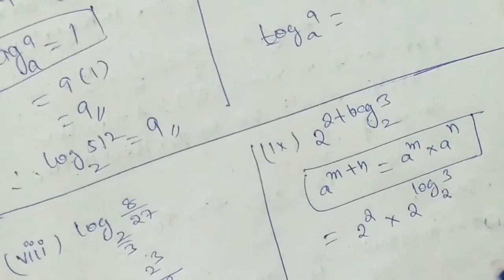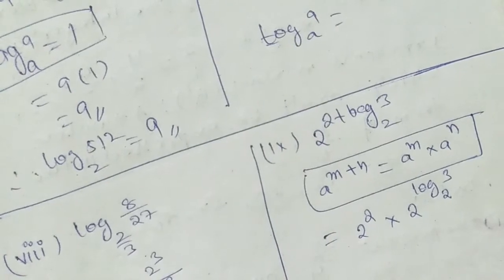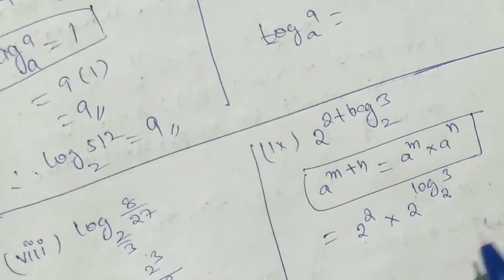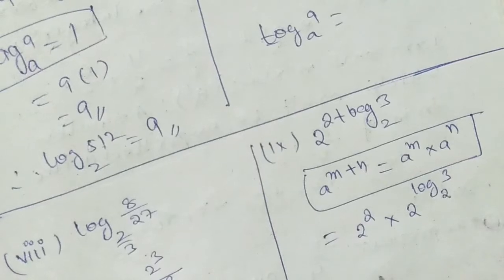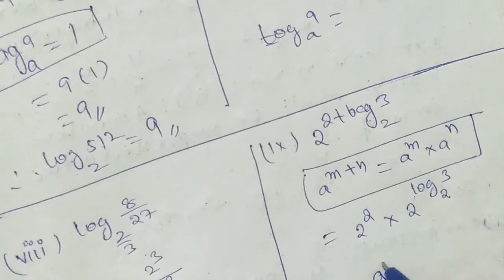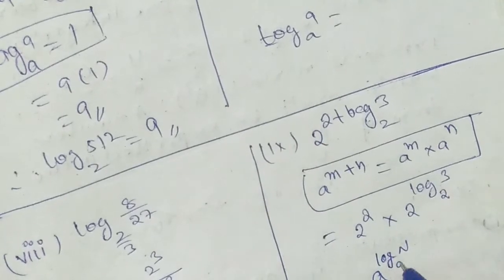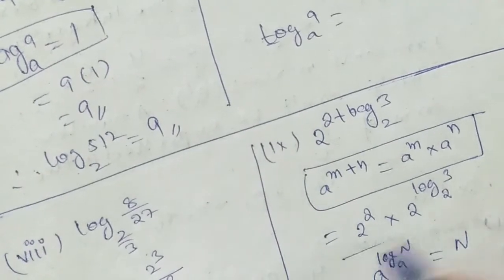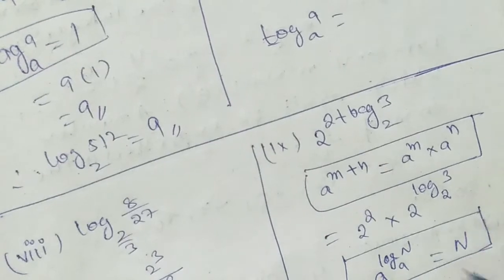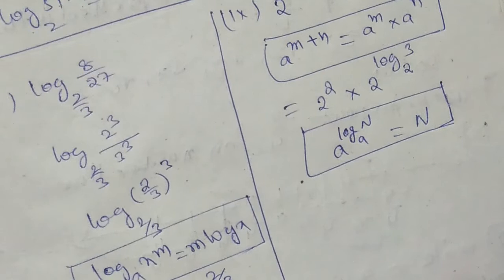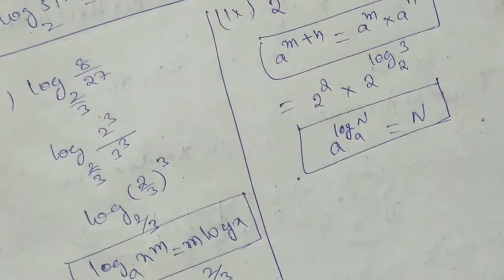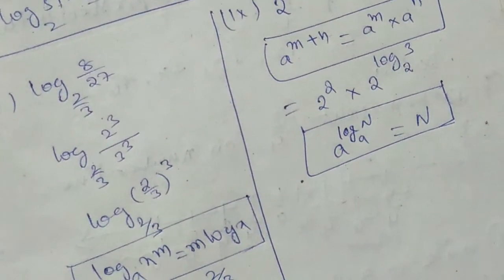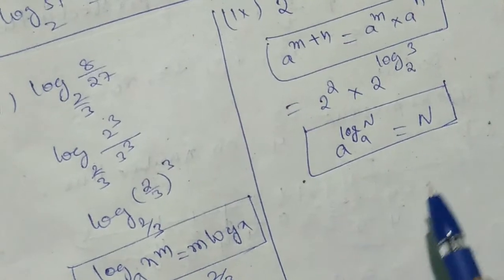Now one more property of logarithms is applicable. What is that? a to the power of log n base a is equal to n. I already discussed this formula in my previous class. If you have any doubt, you can watch that video.